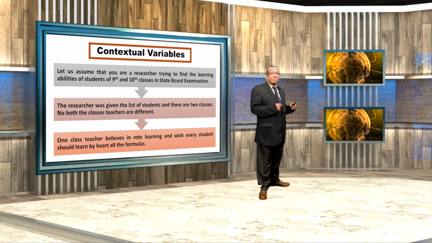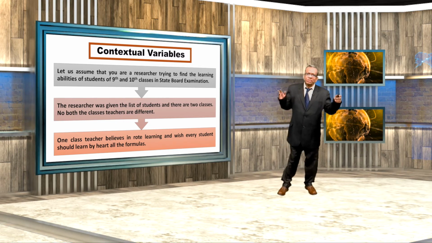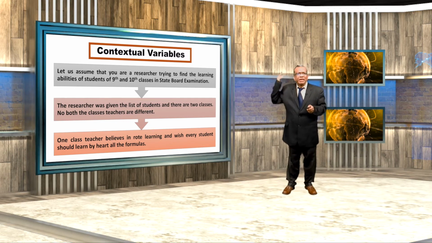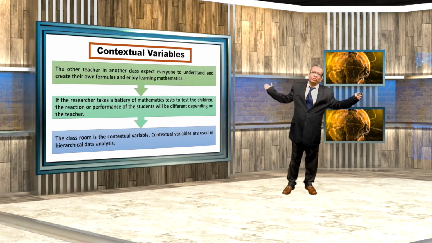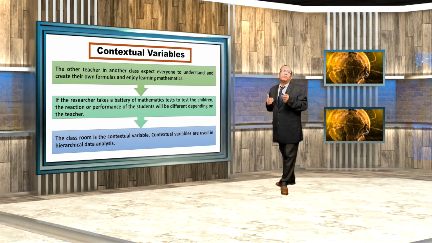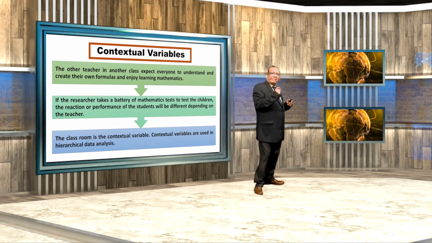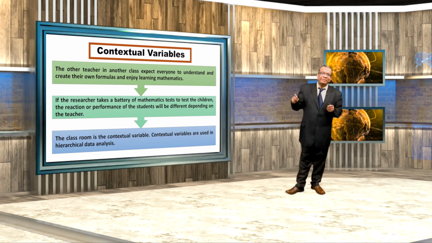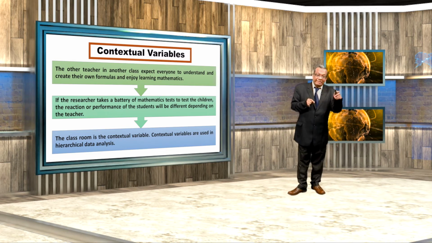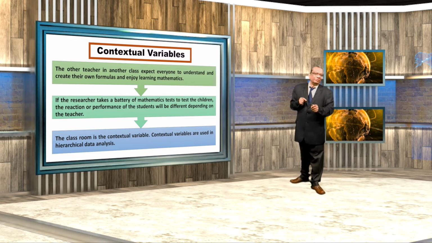One class teacher believes in rote learning and wishes every student to learn by heart, remembering all the formulas. The teacher in the other class expects everyone to understand and create their own formulas and enjoy learning mathematics. If a researcher takes a battery of mathematical tests to test the children's ability of grasping mathematics, the reaction or performance of the students will be different depending upon the teacher.